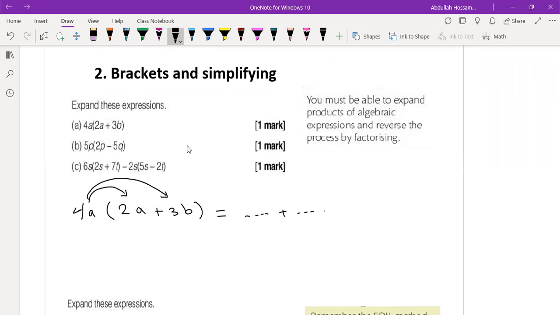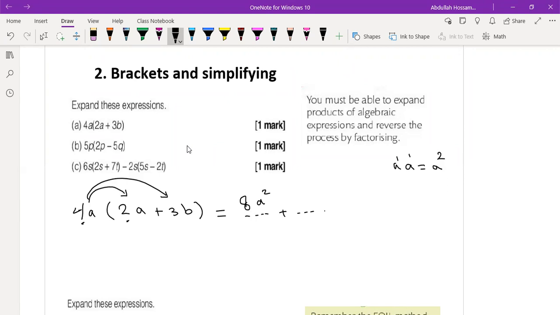But teacher, I forgot how to multiply. Take it easy. Multiply the coefficient by the coefficient. 4 multiplied by 2 is 8. And a multiply a, you write a and then you add the powers. Here 1 and here 1, 1 plus 1 is 2. So 8a squared. When we multiply, we add the powers.